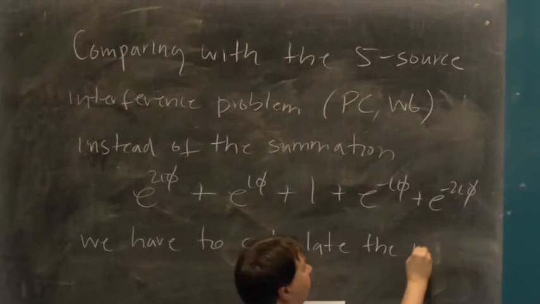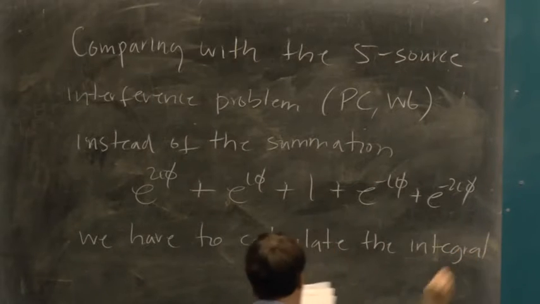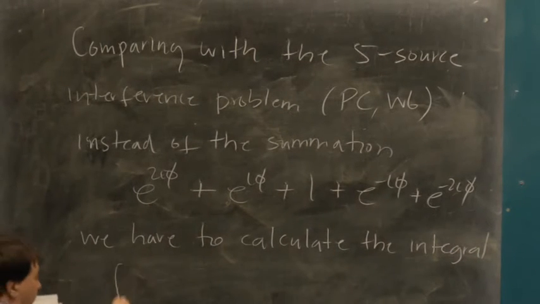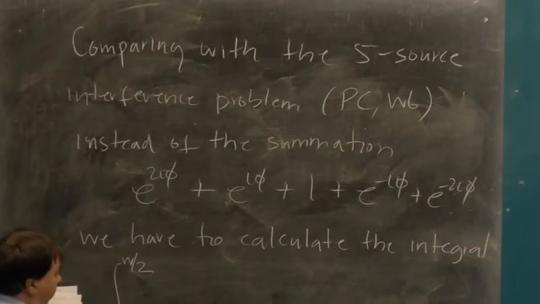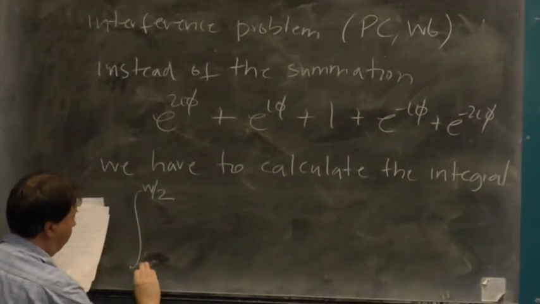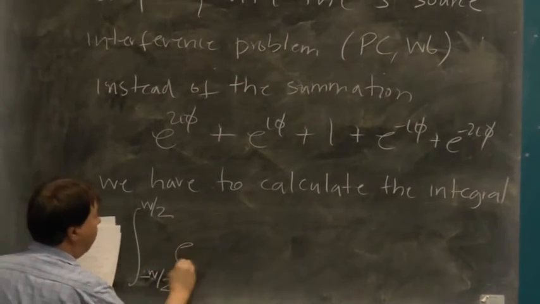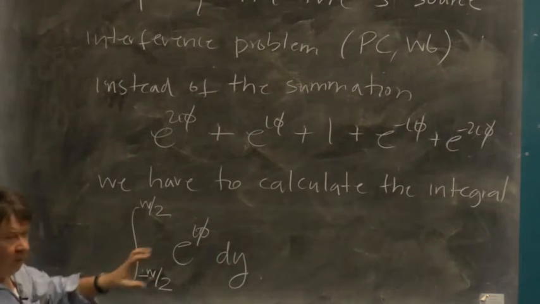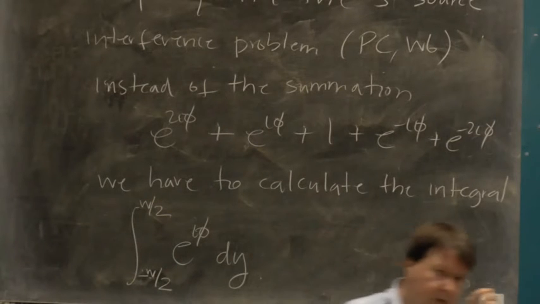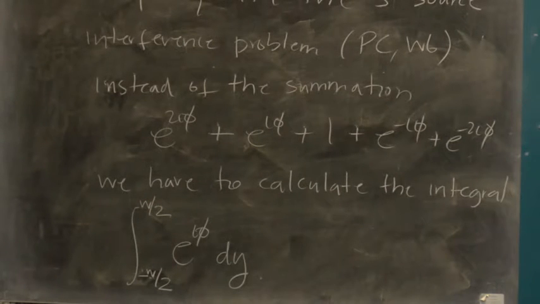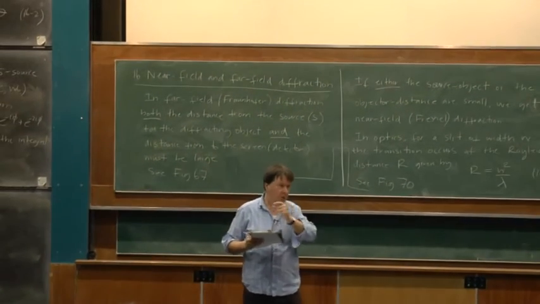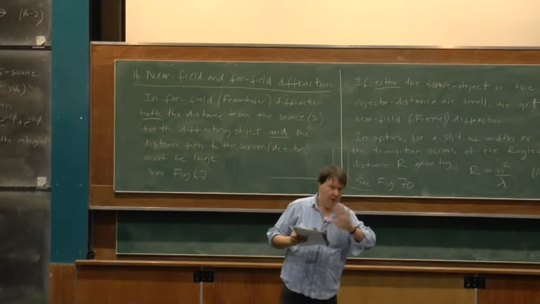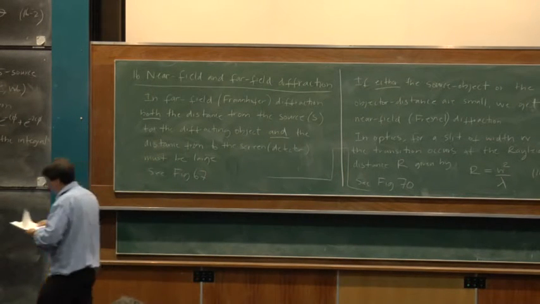the integral from minus w halves to w halves, e to the i phi dy. So if you like, you can think of this as a lot of infinitesimal strips of width dy. Each of them acts as a source of scattering, but instead of adding over all these strips, because they're infinitesimal, we integrate with respect to y to get the total scattering from the detector.